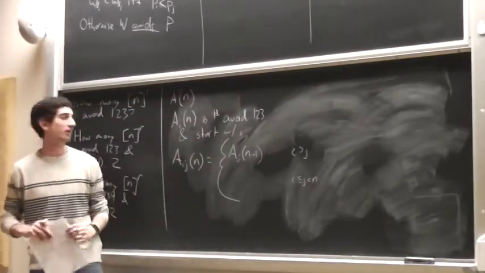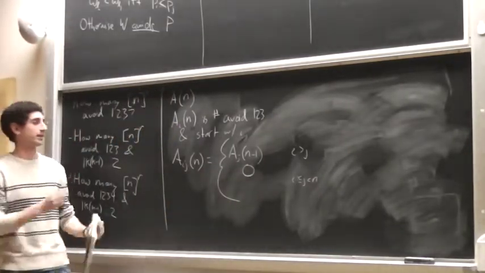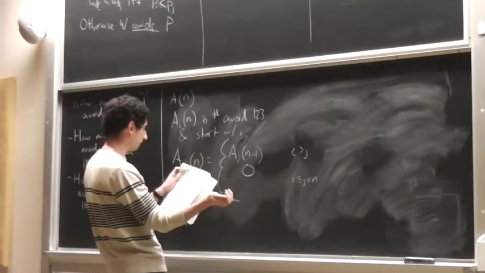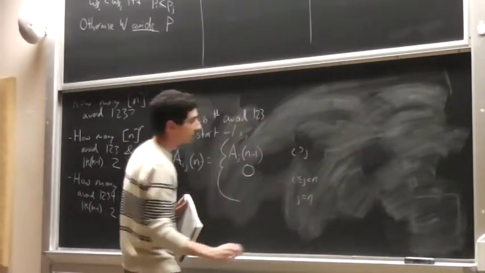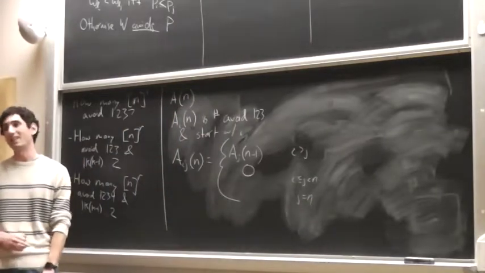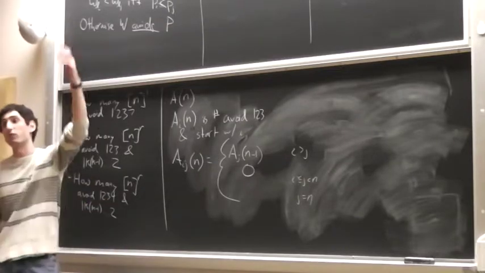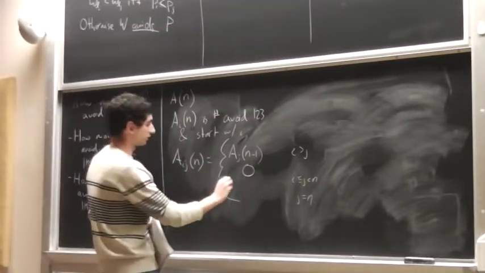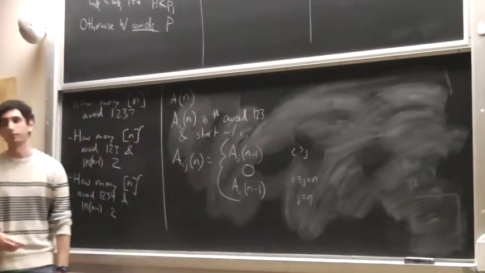And when it does, it'll be a problem. So there's no way to avoid 1, 2, 3 if I start like this. And then my final option is if j is equal to n. Well, if j is equal to n, then it's not going to cause any problems because it can't possibly be followed by something bigger. And so I can just ignore it, and I'm left with A I of n minus 1.